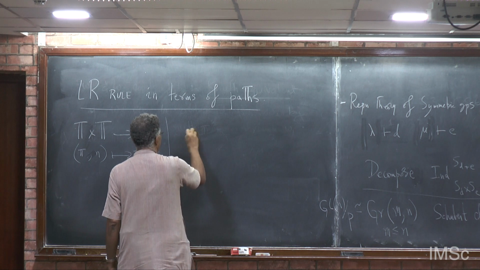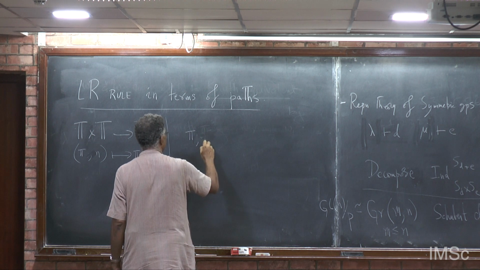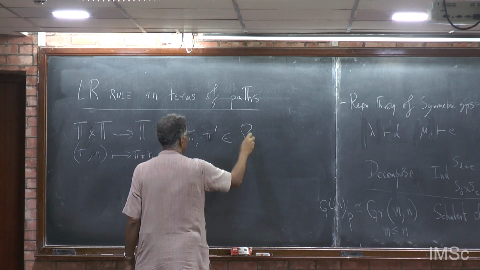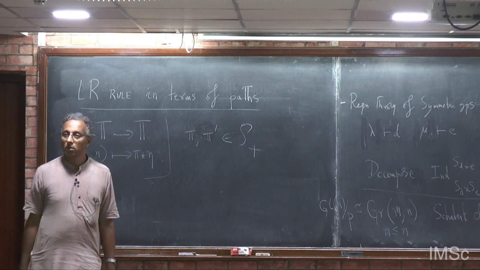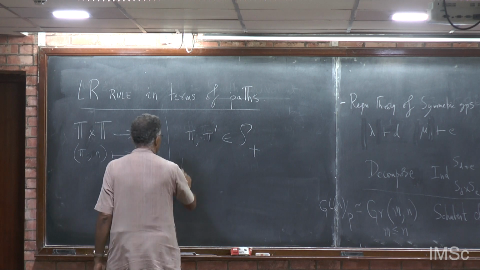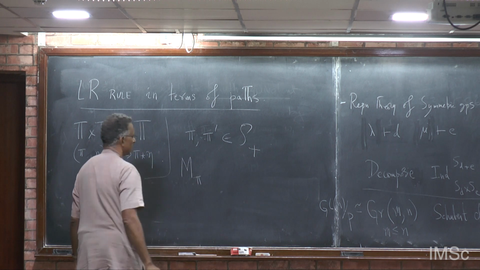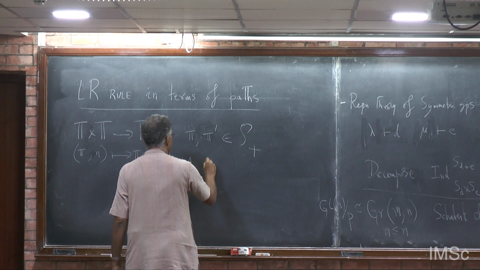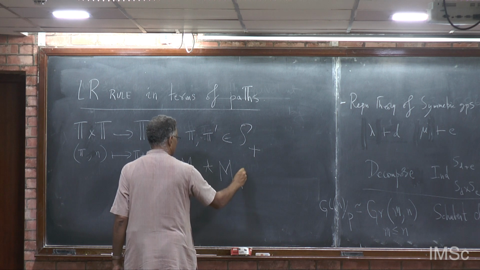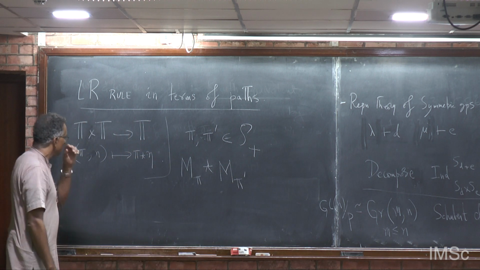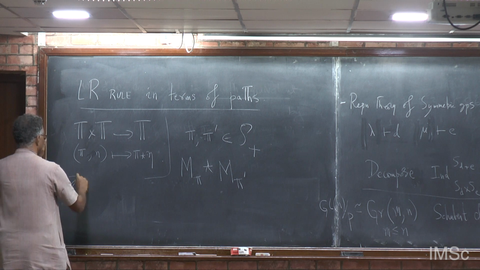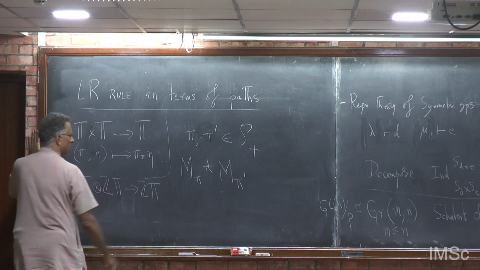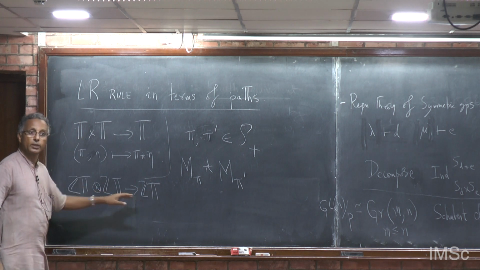I take pi and mu, say, pi prime in P plus. So m pi star m pi prime. So this gives me a map like this.